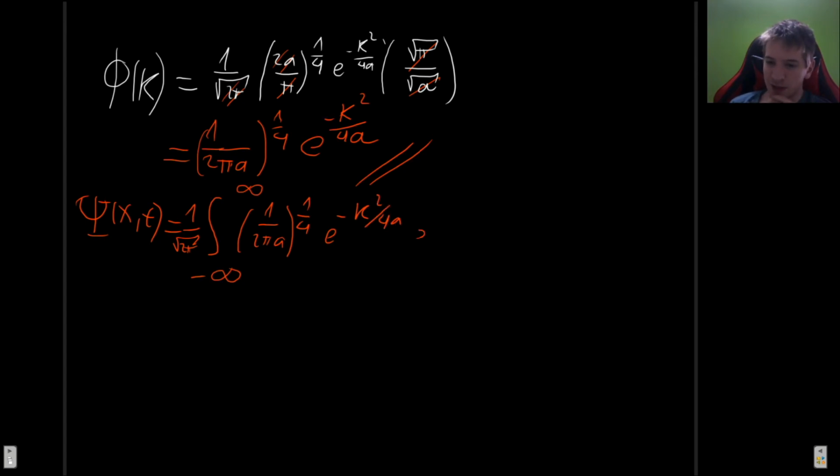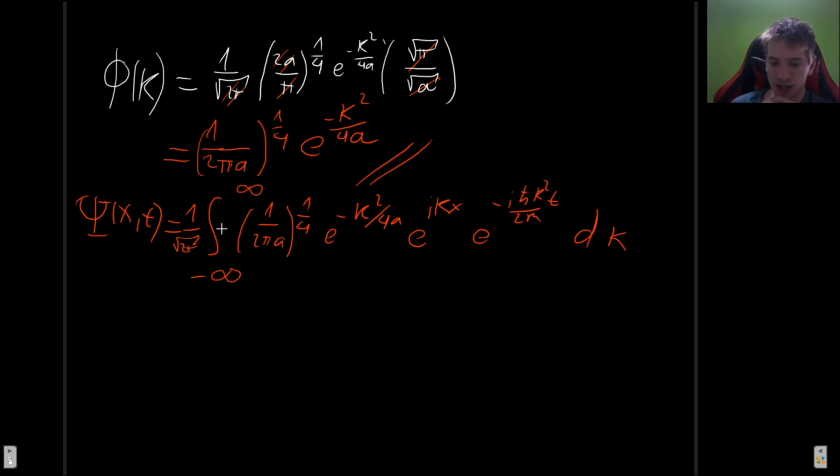Now we have to multiply this by e to the i k x, e to the minus i E t divided by h bar, right? But we know what the energies are, so this is going to be h bar k squared divided by m, and this whole thing will be integrated with respect to k.